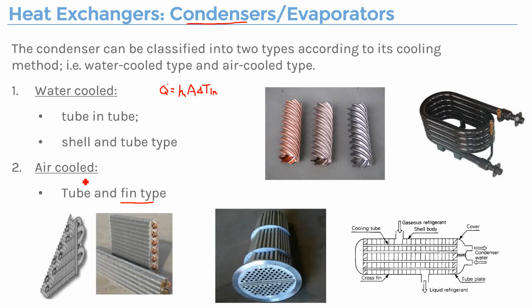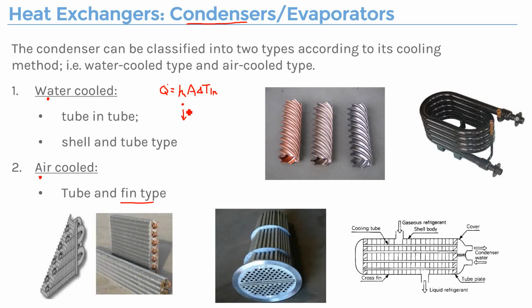But for the air-cooled one, you might notice that air and water have different fluid properties. Under the same velocity, water always has a higher Reynolds number, so the heat transfer coefficient would be relatively higher. That means in air-cooled heat exchangers, your h value is limited by these properties, always a little bit lower.